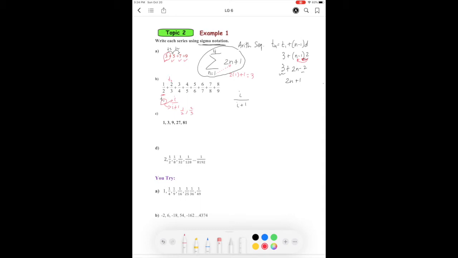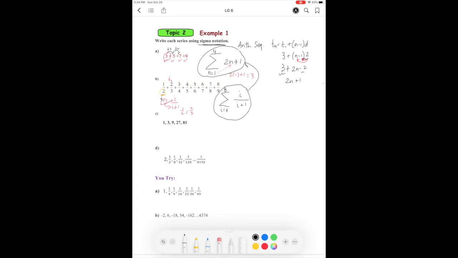So the pattern is developing. So there is the equation. So let's do our summation sign. So now I know it's got to be 1, so i equals 1. And how many do I have? Let's count them up. I have 1, 2, 3, 4, 5, 6, 7. Oh, it's right there, 8. So I didn't have to do too much counting there. Okay? So there is the formula.